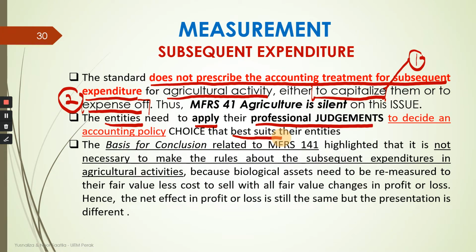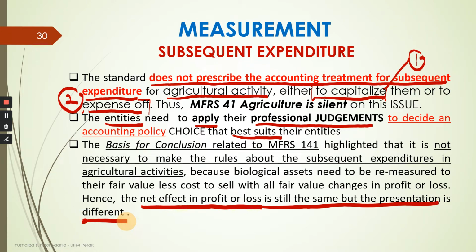And normally we follow the generally accepted accounting practice or the industry practice, right? Therefore, it's up to the company, but you will notice that some companies expense off, some companies will capitalize. But the point is the net effect in the profit or loss at the end of the reporting date will still be the same.